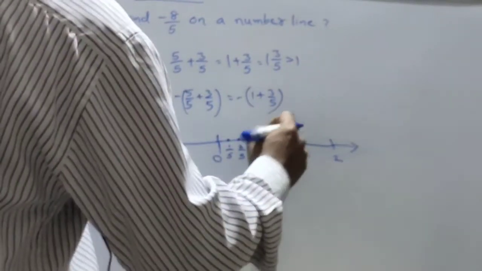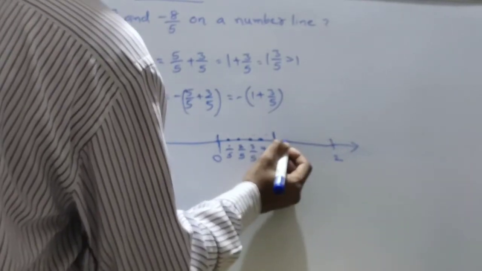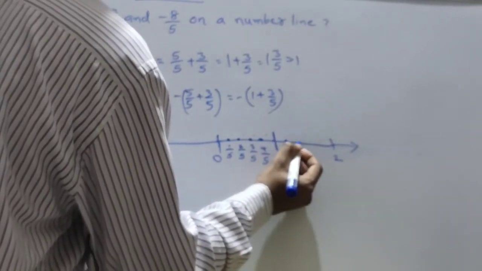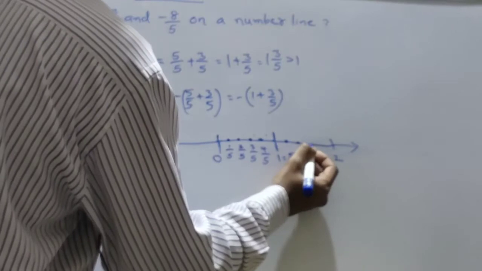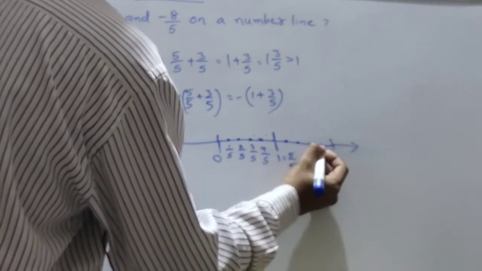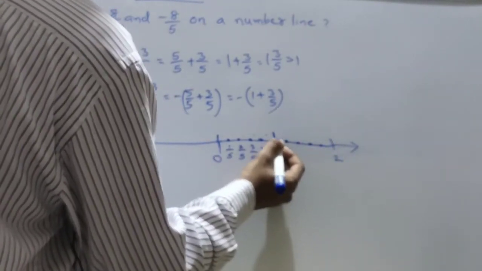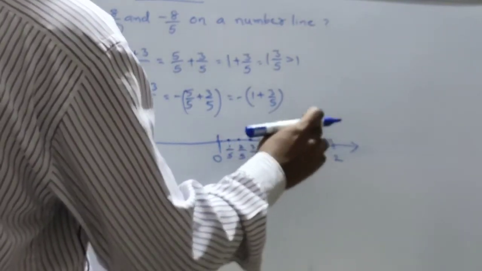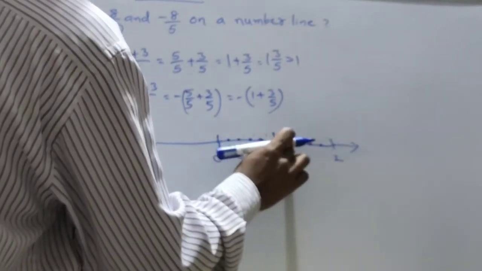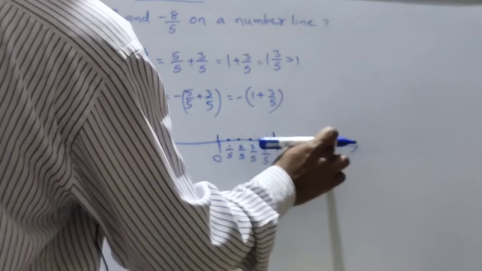Now again in between 1 and 2 we have to divide this unit into 5 equal parts. For that again we need 4 points. Count the equal parts between 1 and 2: 1 2 3 4 5.